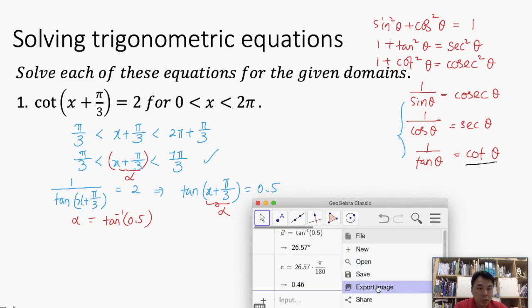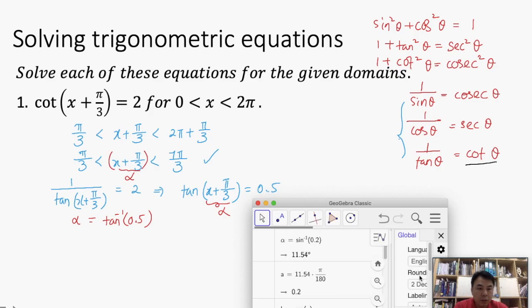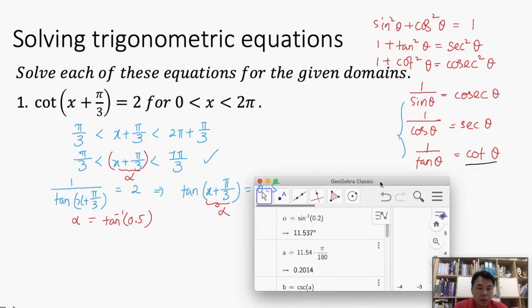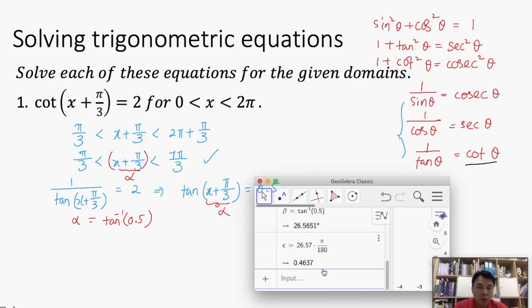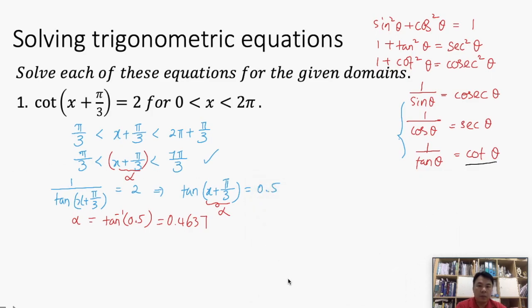Just let me change the decimal places to get a more accurate answer. Okay, so I'm looking at 0.4637 radian. Okay, so that is my reference angle at this point, right?